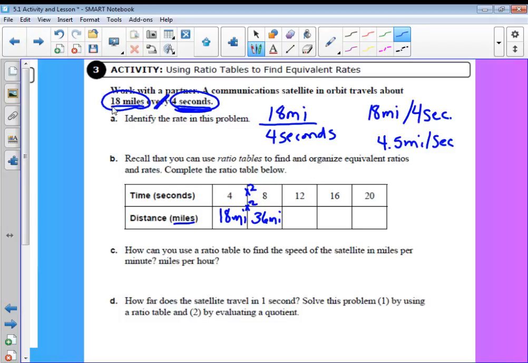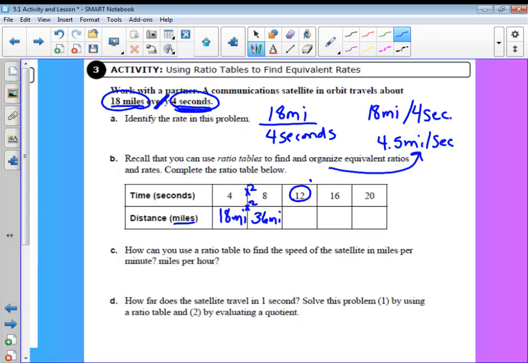Now 8 times 2 doesn't give us 12. So we can no longer use that times 2, but we can use our unit rate that we had earlier when we broke it down per second. So we could reference back to this right here. We could travel 4.5 miles in 1 second. Now we're going to travel for 12 seconds.